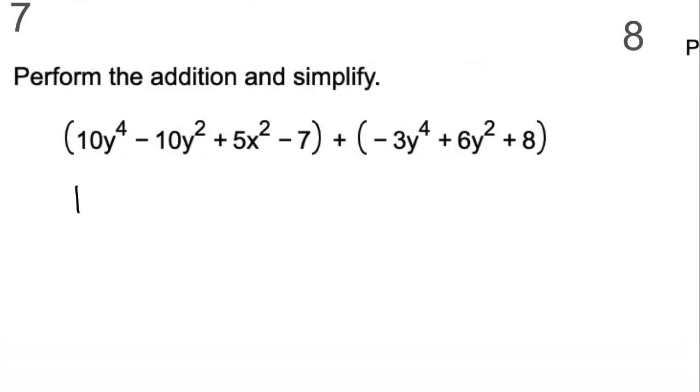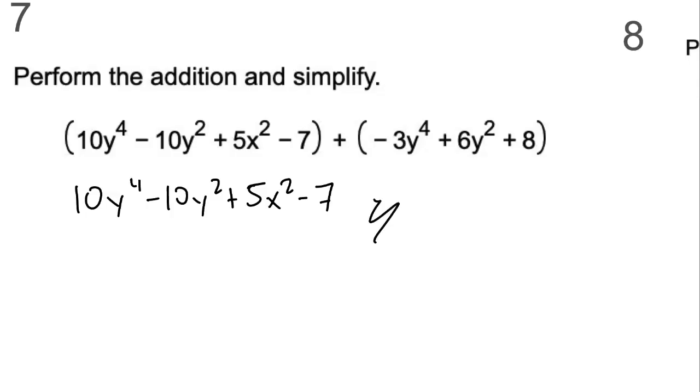So you just do 10y to the 4th minus 10y squared plus 5x squared minus 7 minus 3y to the 4th plus 6y squared plus 8.